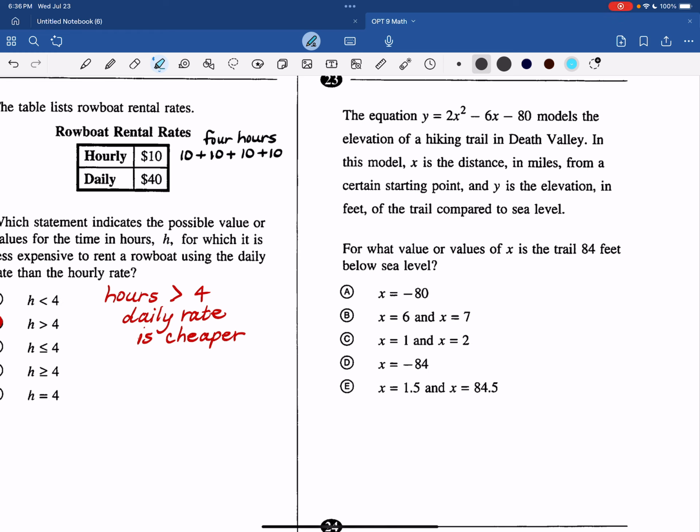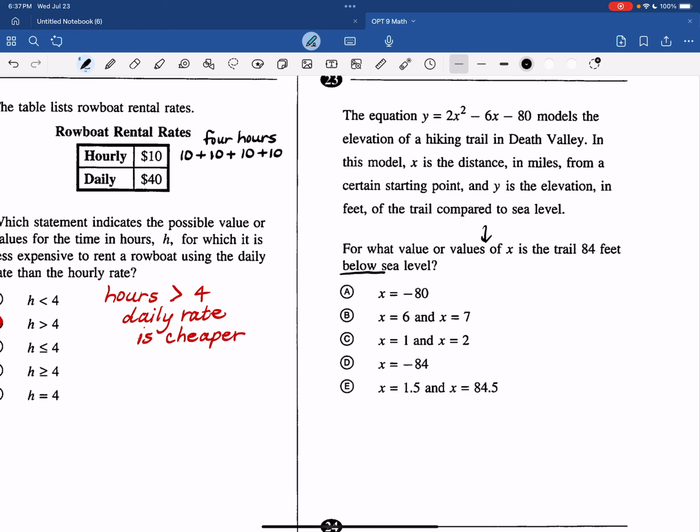For what value or values, that's important, it could be a single value or it could be more than one, of x is the trail 84 feet below sea level?